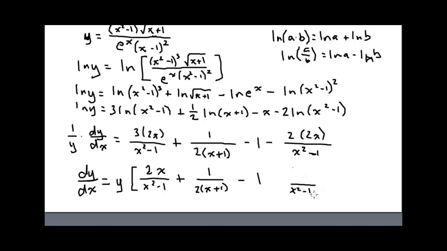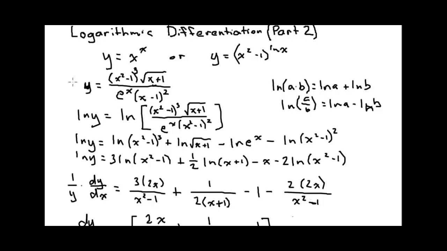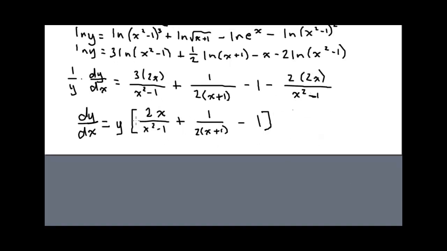They had the same denominator, so I could add them. And the y, you could put back what it was originally. So if you remember, y was originally this huge thing. I'm out of room, but yeah, just put back whatever y was there. And you can leave that, that's fine.